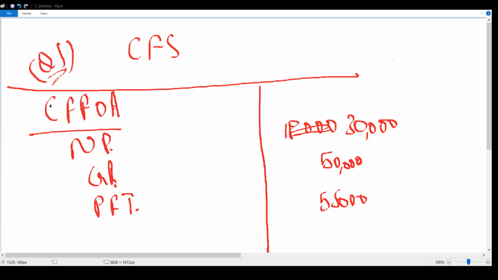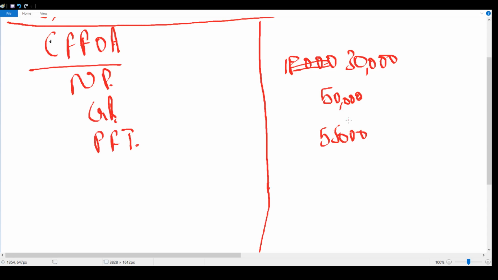I hope you got it till here. The next, dividend payable for the current year, that is of the year ended 31st March 2015. As I told you, the current year's dividend is paid in the next year.